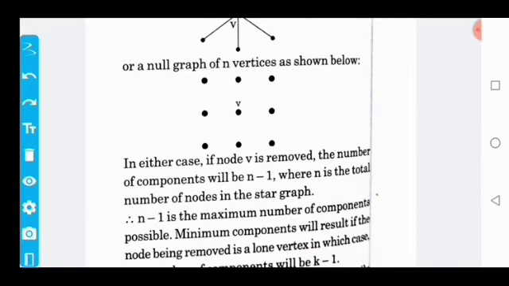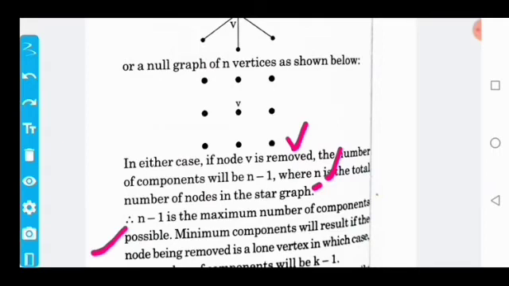In either case, if node phi is removed, the number of components will be n minus 1, where n is the total number of nodes in the star graph. Therefore, n minus 1 is the maximum number of components possible.